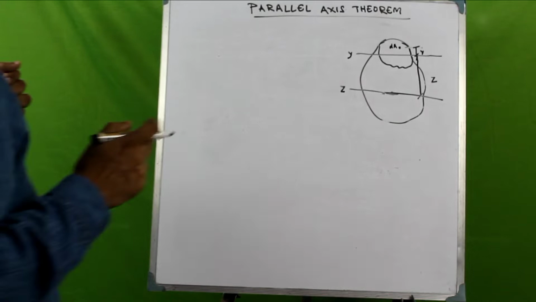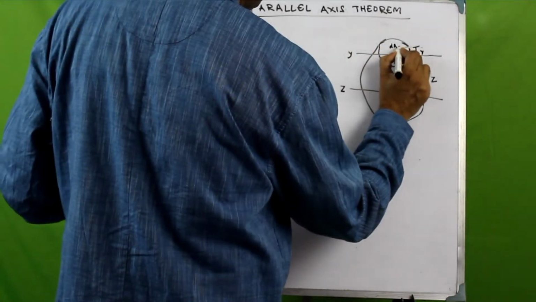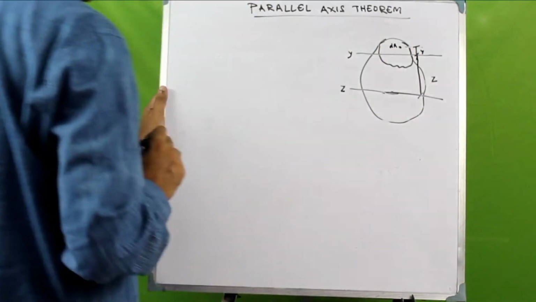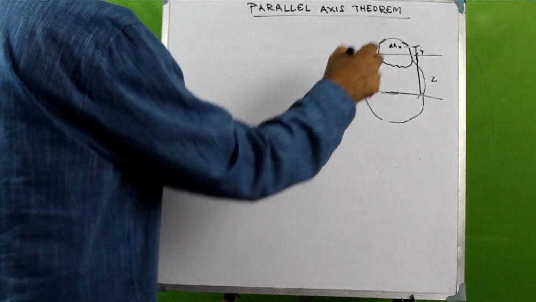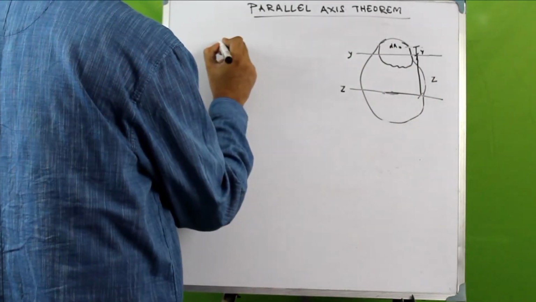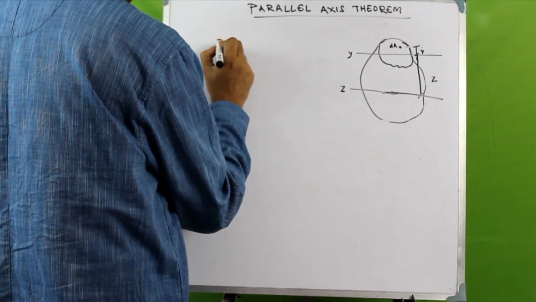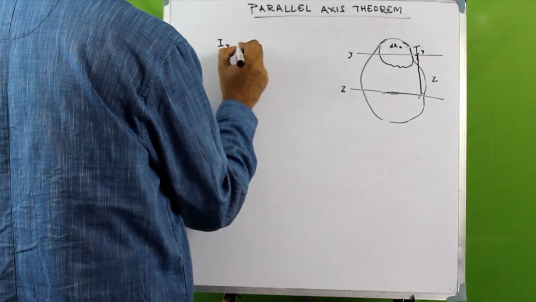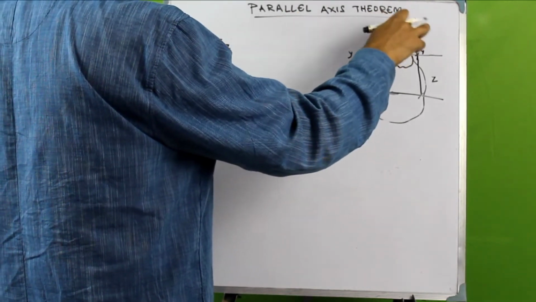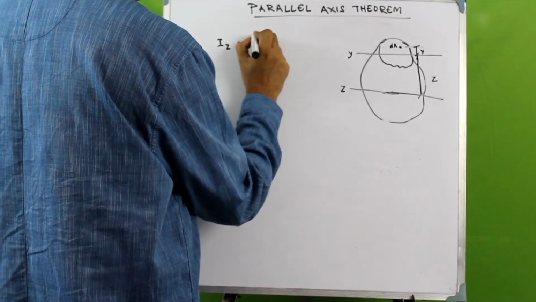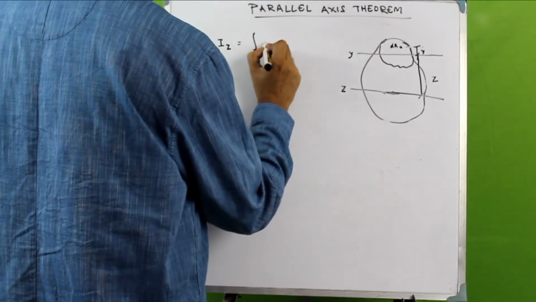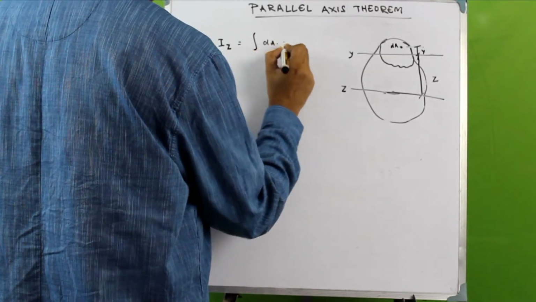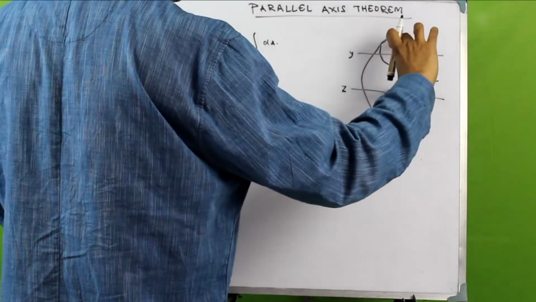Okay, so let us consider this elemental area here. Then the moment of inertia about the z-axis for this part area would be given as dA into this distance, right?